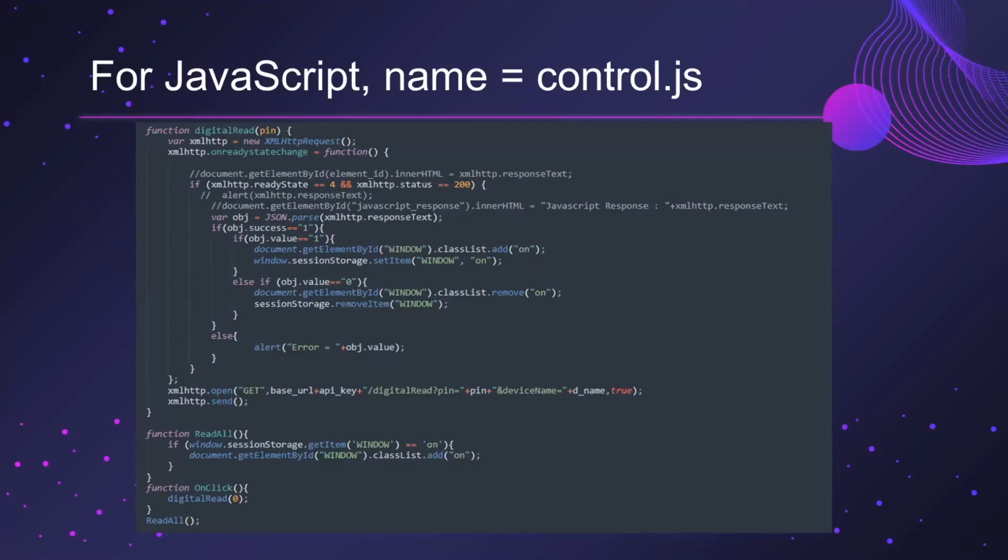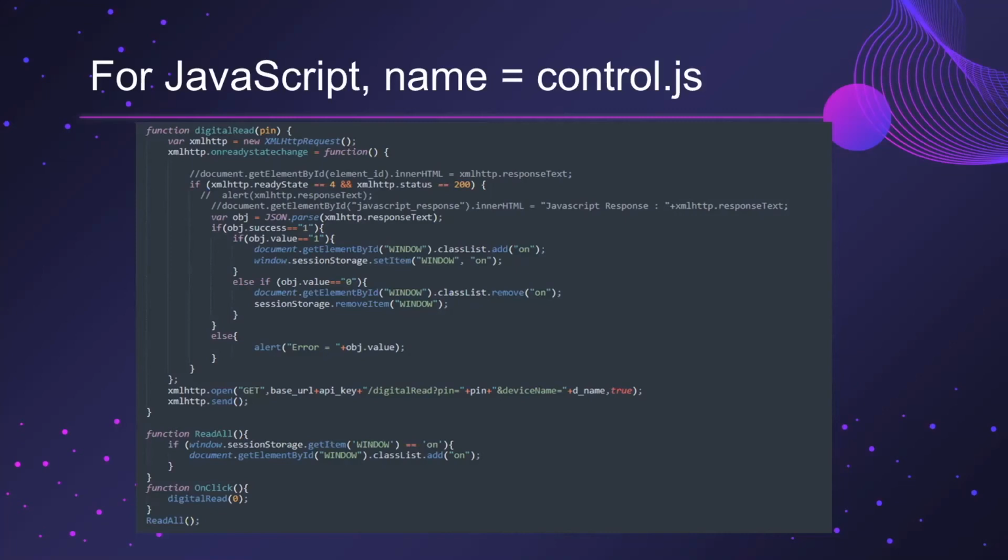If the obj.value is 1, then it will add a class list, which means it will tell me through the window ID that the pin is high. And if an obj.value of 0 is returned, then it will tell me that the pin is low, and then I can remove the class, and when I do that, that blue color will change back to gray. So that's all that is happening.